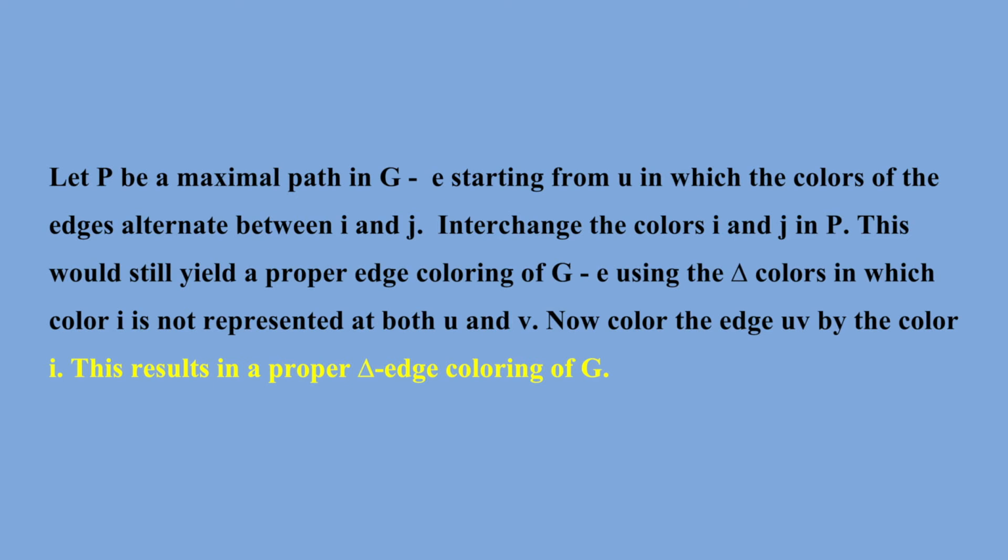Interchange the colors i and j in P. This would still yield a proper edge coloring of G minus e using the delta colors in which a color is not represented at both u and v. Now, color the edge uv by the color i. This results in a proper delta edge coloring of G.